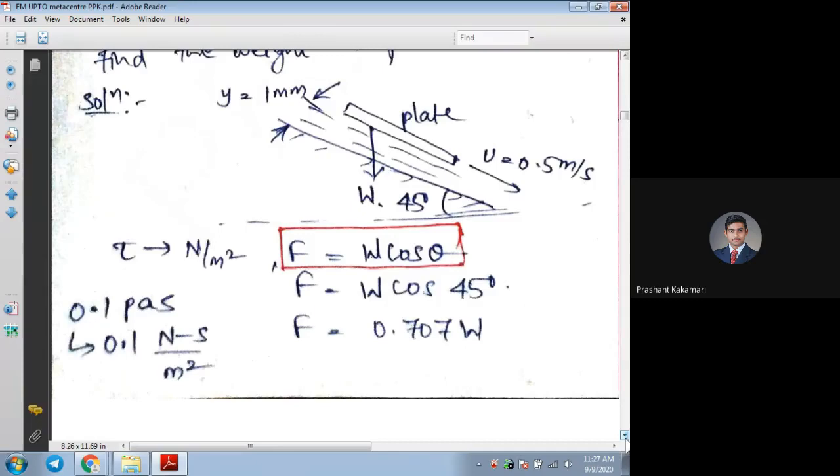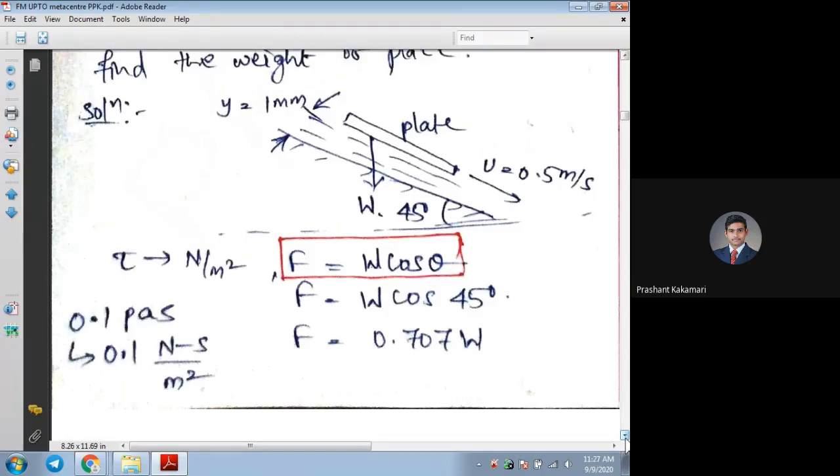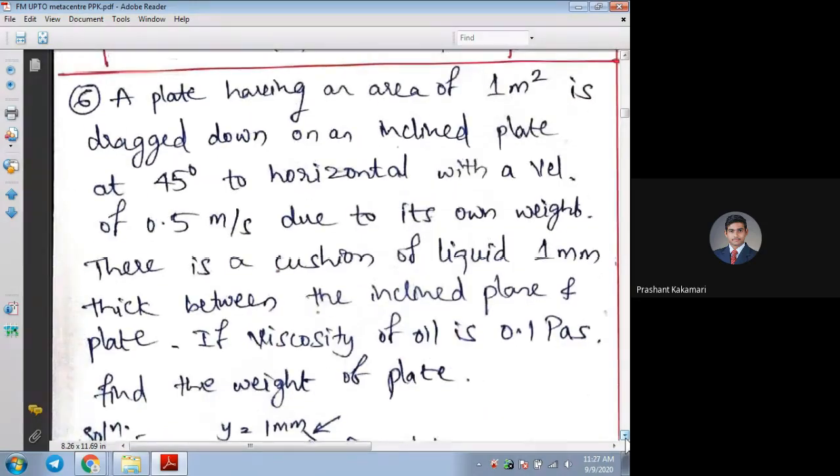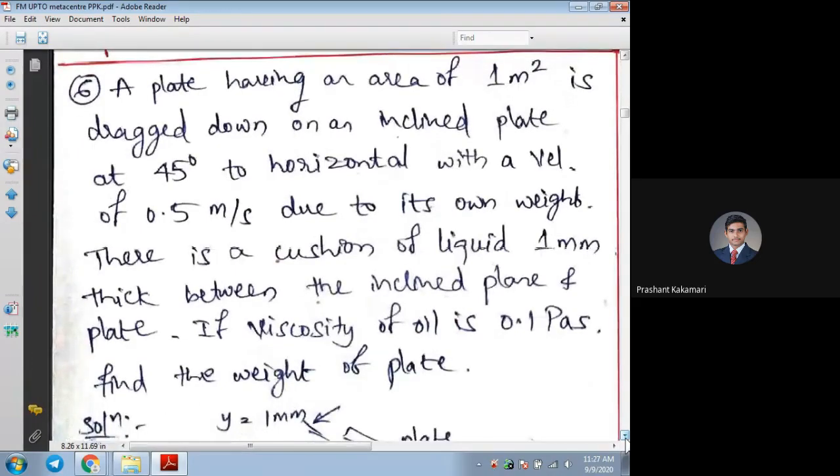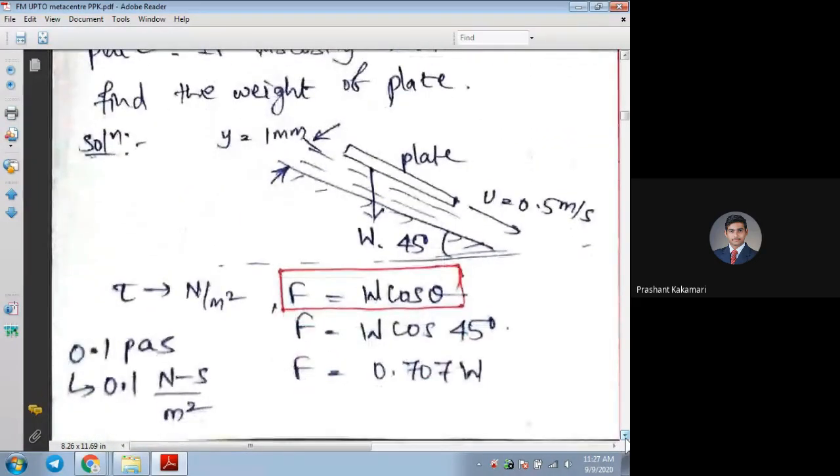Weight is given or not? The weight of the plate is nowhere given. So what we can do here, cos 45 is known, but what about the W? W is not known, still we need to find it out.